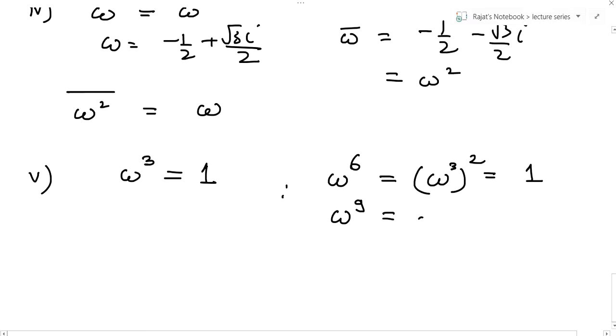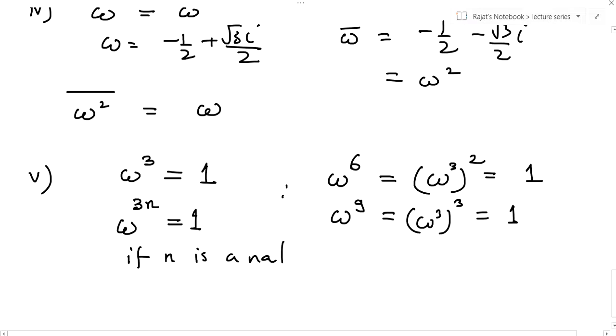Similarly, omega to the power 9 will be omega cube whole cube, again 1. Basically the point is that whatever power it is, if it is a multiple of 3, then the answer will be 1. So I can generalize it: omega to the power 3n is equal to 1 if n is a natural number.